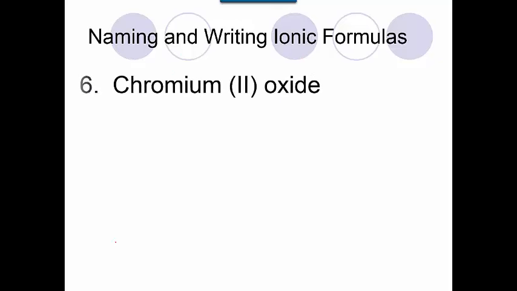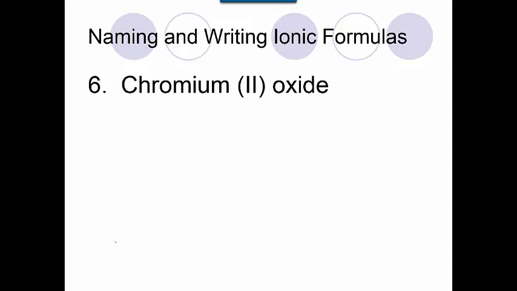And we're going to do a few more and bring in some polyatomic ions here in just a moment. Let's do one more where we have a metal with a Roman numeral. Chromium is Cr, and this is a Roman numeral 2, so that means we have a +2 charge. Oxygen, again, is O with a -2. So we are starting off with Cr +2 and O -2.